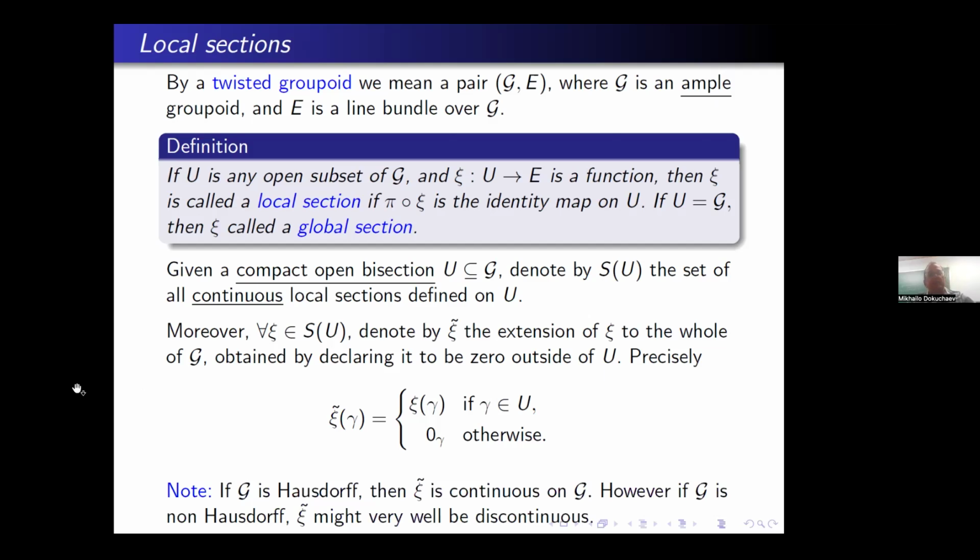This is not really a surprise because Ben Steinberg defined Steinberg algebras of not necessarily Hausdorff groupoids, and he used continuous functions to generate non-continuous ones, and those not necessarily continuous ones form the algebra. But in any case, if G is Hausdorff, it's easy to see that psi tilde is continuous. However, if G is not Hausdorff, then this psi tilde may not be continuous.